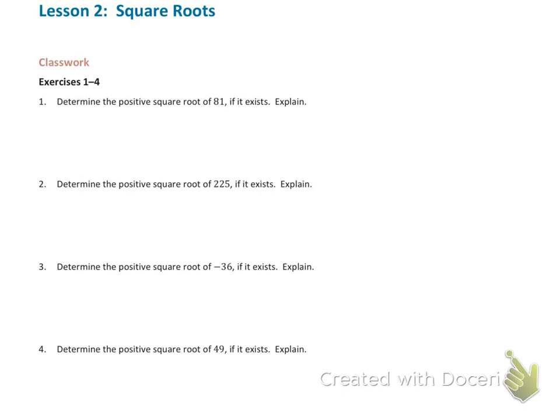Okay, so for number 1, I could say the square root of 81 is equal to 9 because 9 times 9 is equal to 81.